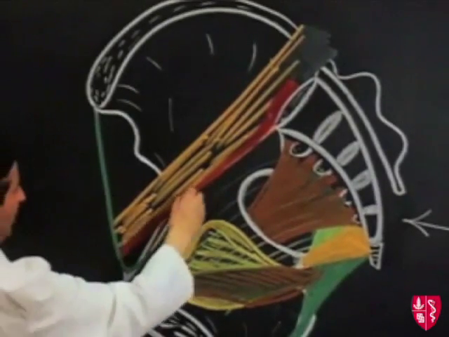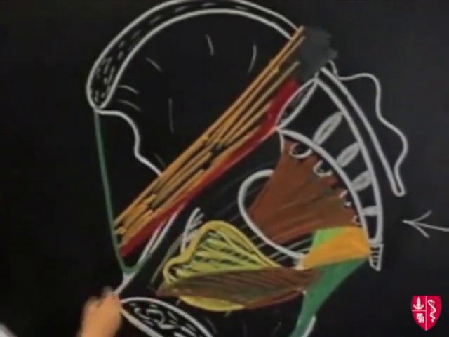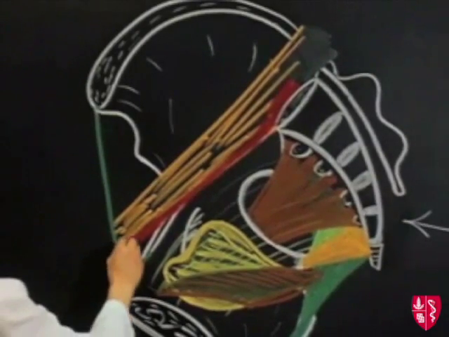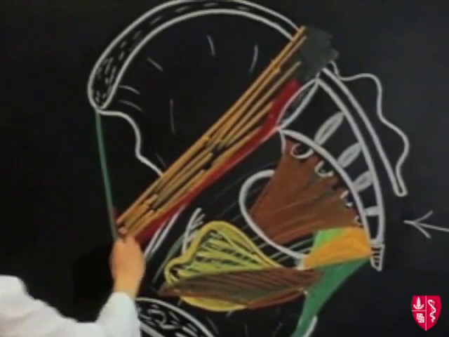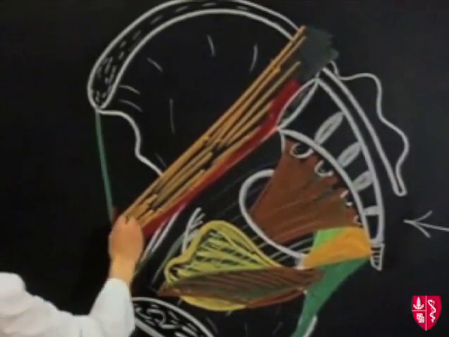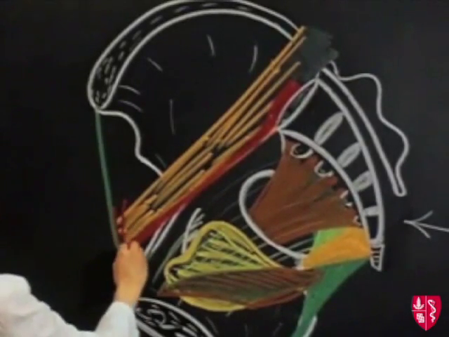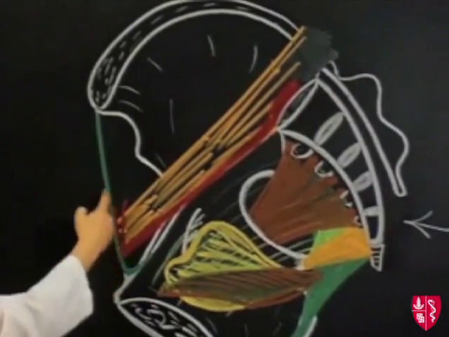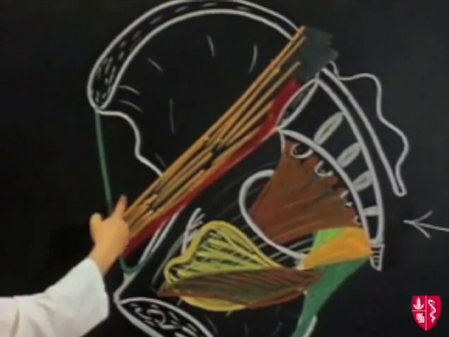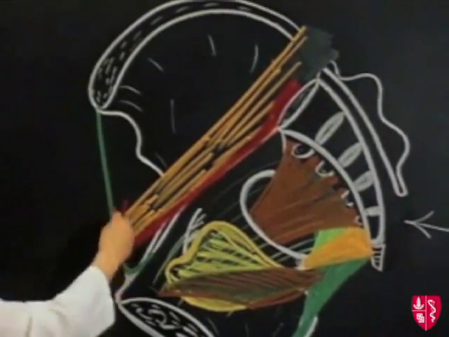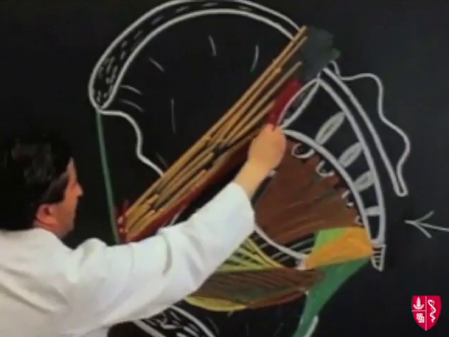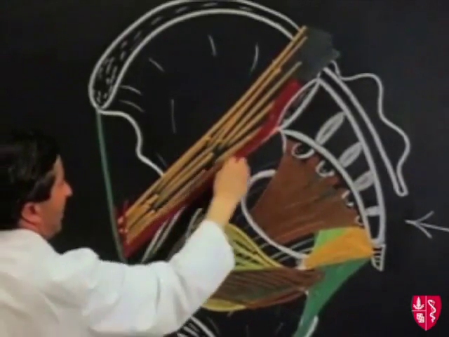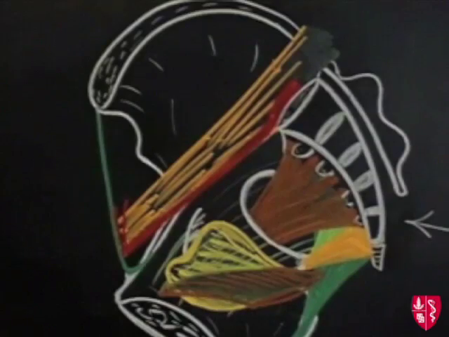The only two important branches that one need remember are, from the external iliac artery, the inferior epigastric artery and the deep circumflex iliac artery, two branches which I'll just indicate in that way. So there is the external iliac artery running along the medial margin of the psoas.